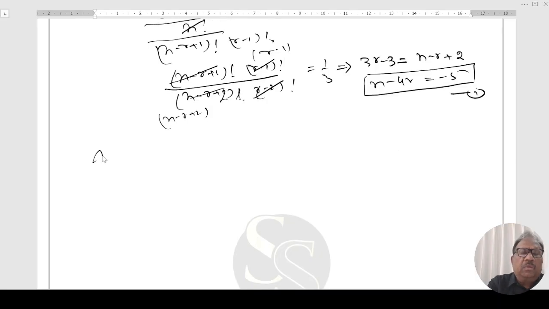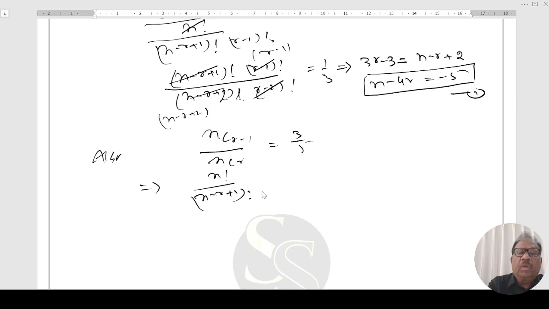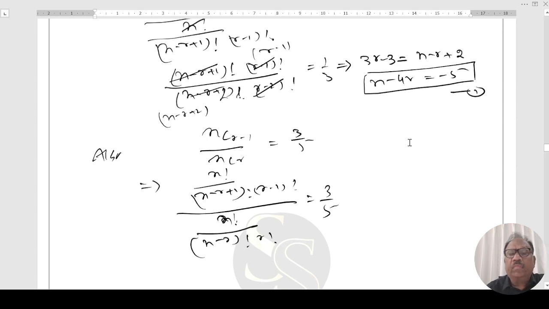nCr minus 1 upon nCr is 3/5. So n factorial upon n minus r plus 1 factorial into r minus 1 factorial upon n factorial upon n minus r factorial into r factorial equal to 3/5.